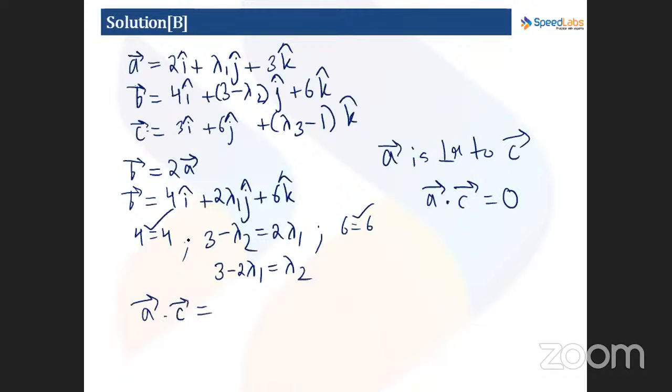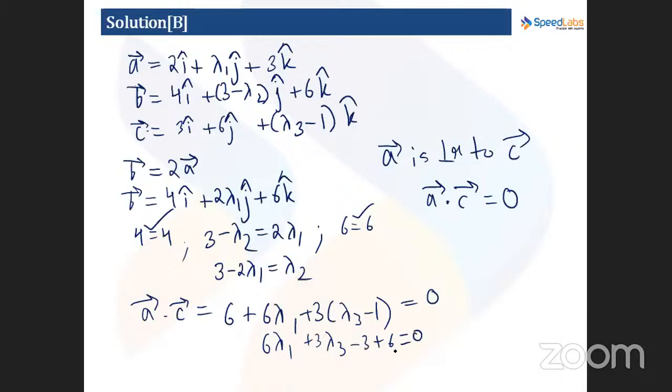A dot C will be equal to 6 plus 6 lambda 1 plus 3 times lambda 3 minus 1 will be equal to 0. So this is 6 lambda 1 plus 3 lambda 3 minus 3 plus 6 equal to 0.